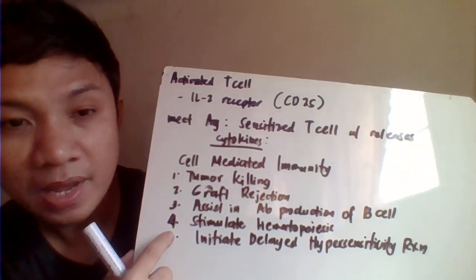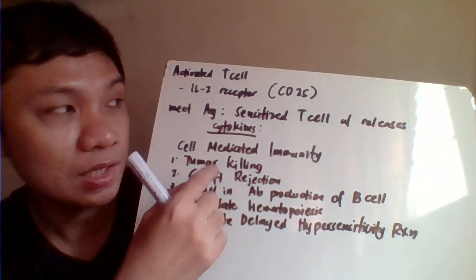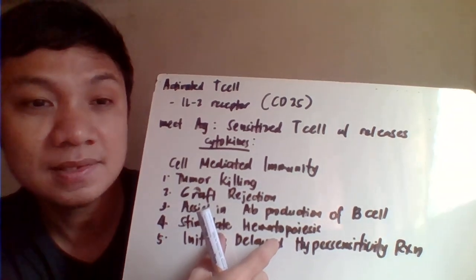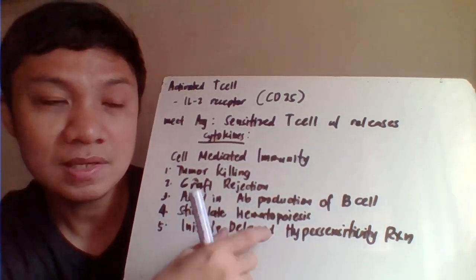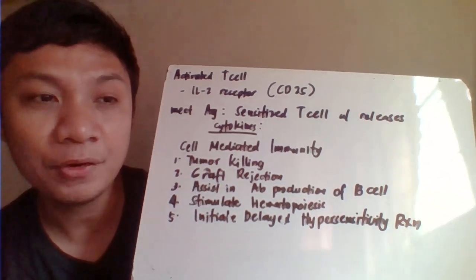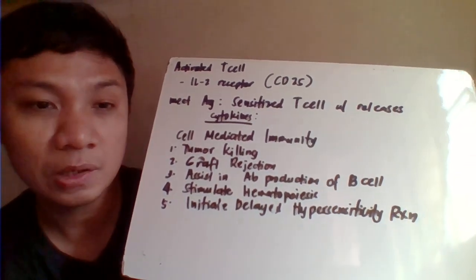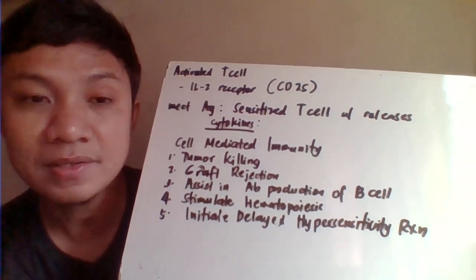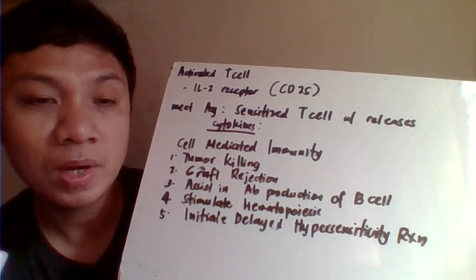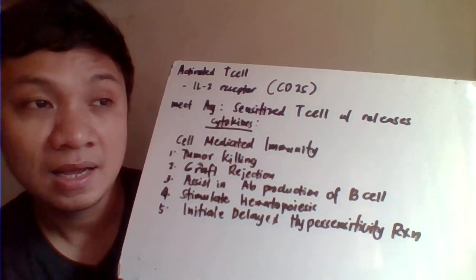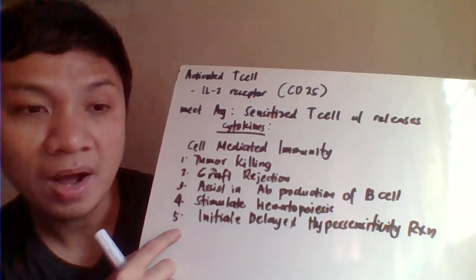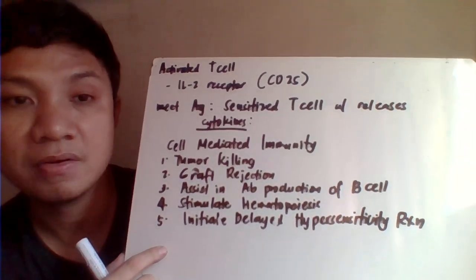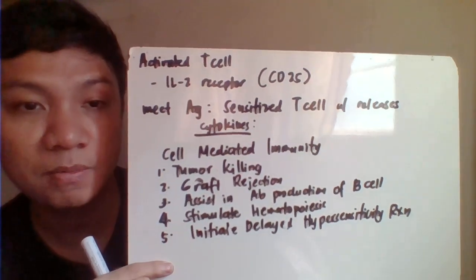Interleukin 2, also produced by your T cells, also helps with hematopoiesis. If I check our hematopoiesis, we have growth factors there, interleukins like interleukin 2, which help in differentiation in our hematopoiesis, and that one is produced by our T cell. Another one, the T cell is also involved in our delayed type hypersensitivity reaction, which is a type of cell-mediated immunity.